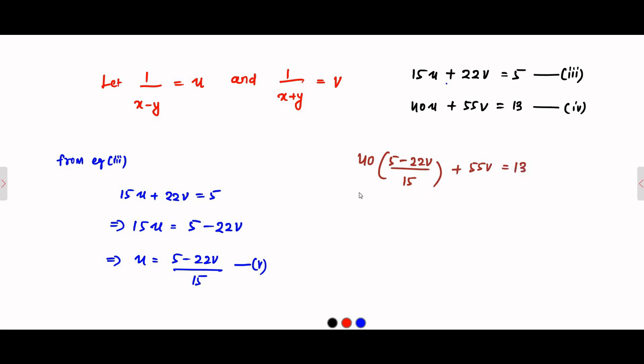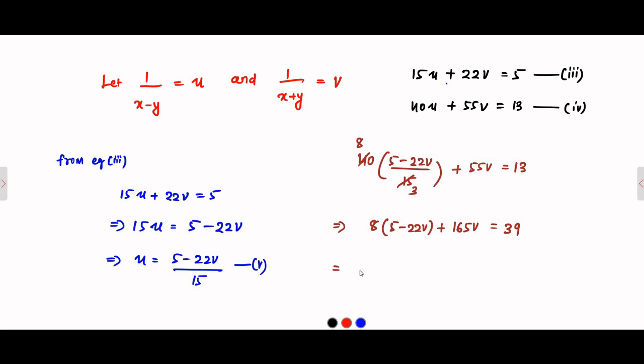Here we cancel it with 5, so it is 3, and this is 8. So that implies 8 into (5 minus 22v), plus this 3 getting multiplied here becomes 165v, and here 3 into 13 is 39. I have directly done it instead of writing it in the numerator.